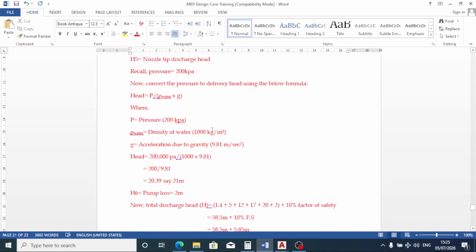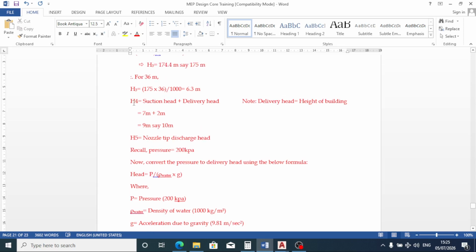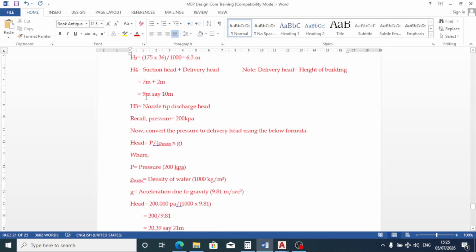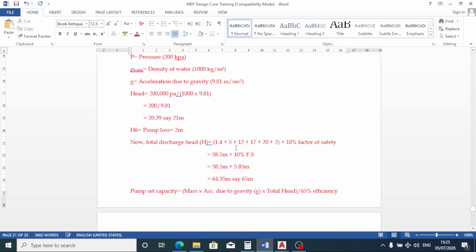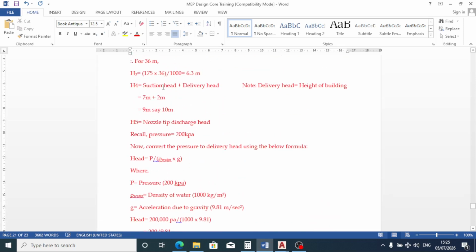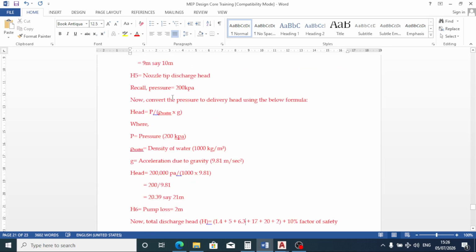So what is our H3? Friction loss in our rubber hose, which we got to be 6.3. H4, which is our suction head plus delivery head, which is 10 meter.